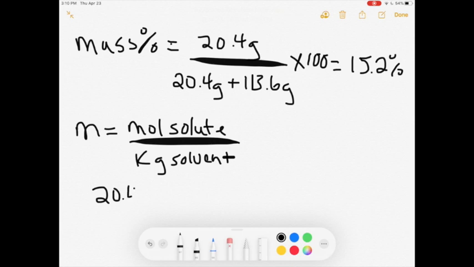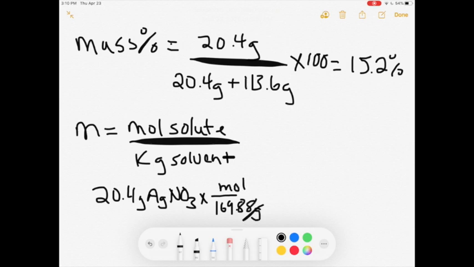So 20.4 grams of silver nitrate. Okay, and the molar mass is 169.88. So we're going to divide by that. And that gives us 0.12 moles of silver nitrate.